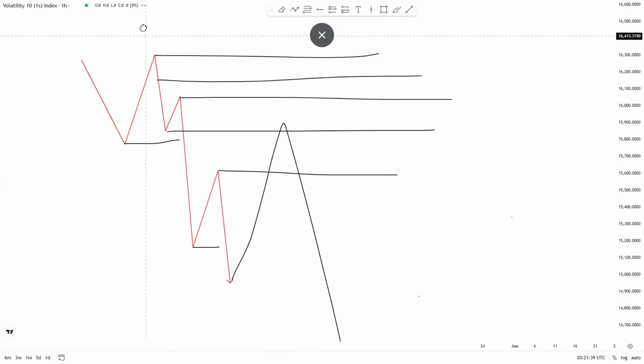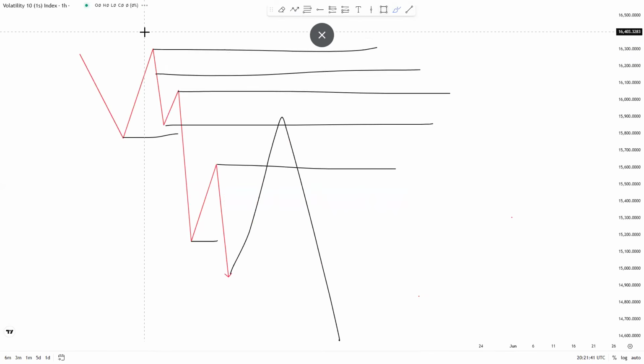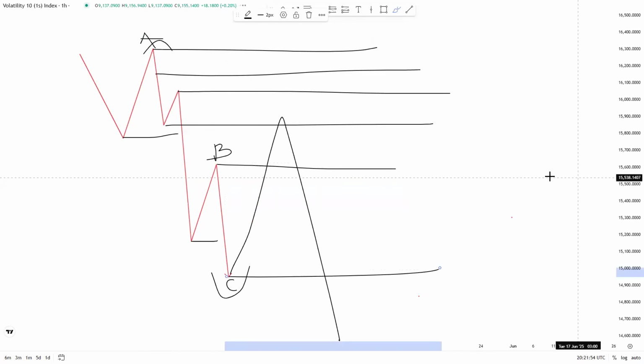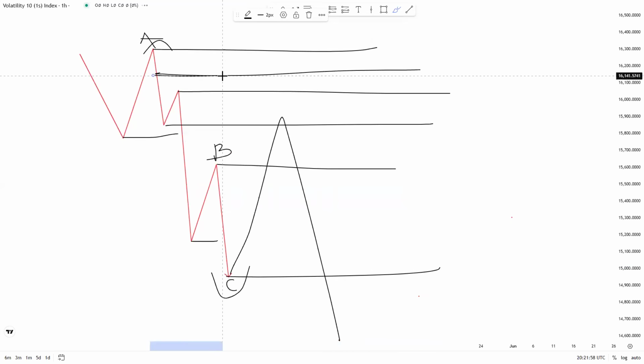Your valid A, your valid B, your C. Remember your range is from here to this C, 50%, half of it. So instead of waiting for another block here, you can sell it here. Now, this is where it becomes more tricky.